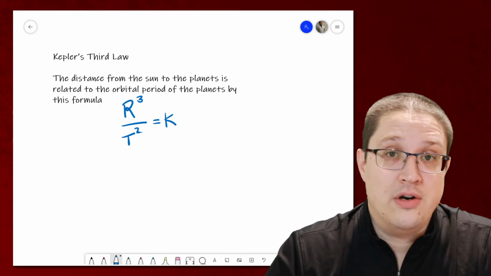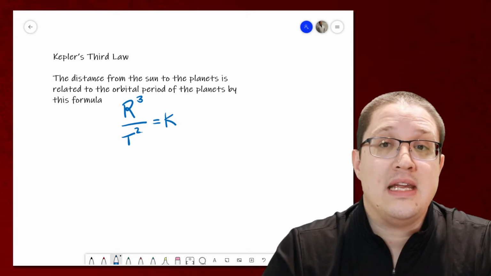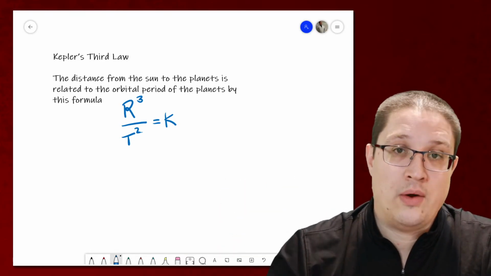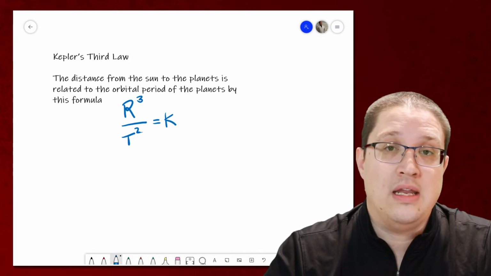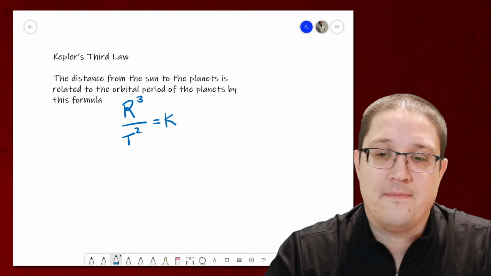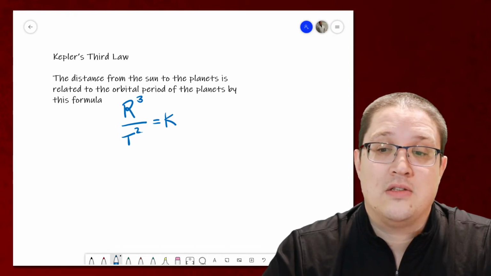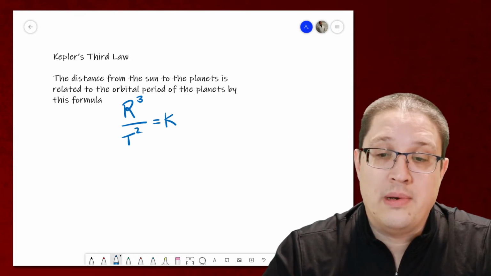R is in meters and is measured from the center of the Sun to the center of the planet. T is in seconds and is how long it takes the planet to go around the Sun. So for Earth, you'd need to convert 1 year into seconds for that. K is Kepler's constant.